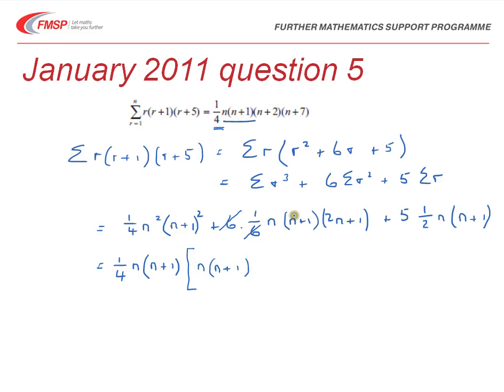In the second term, we have the 2n plus 1, but remember we've taken out a fraction of 1/4, so in fact we then get 4 times 2n plus 1. And the n and the n plus 1 from the final term have gone, but for a similar reason we've taken that fraction of 1/4. Well, 1/2 is 2/4, so we've got 5 multiplied by 2, so the final term there is 10.